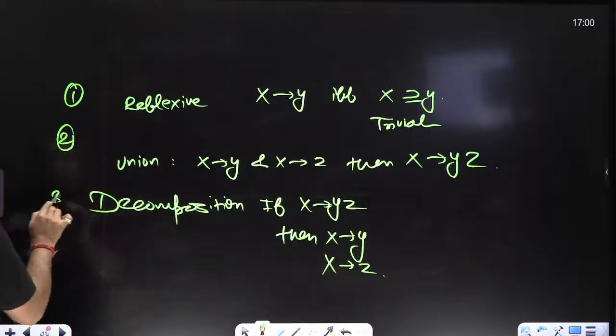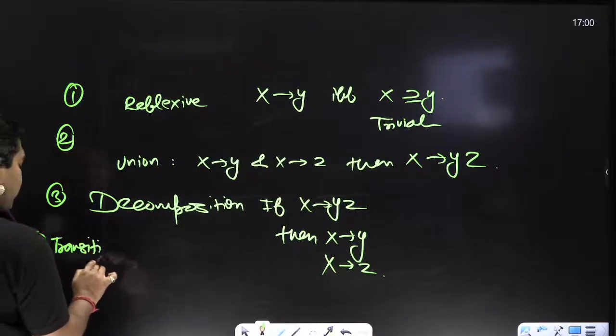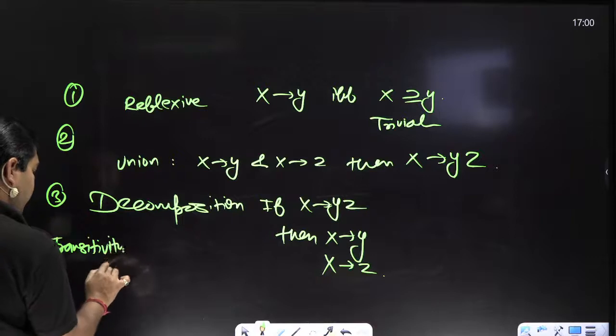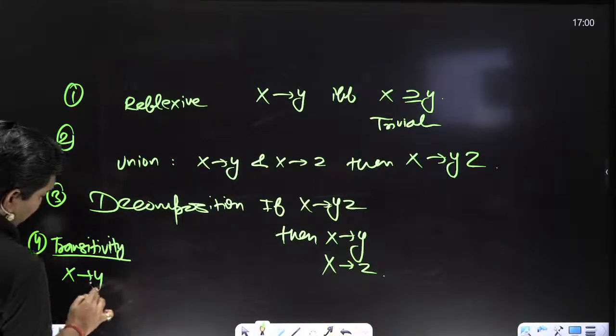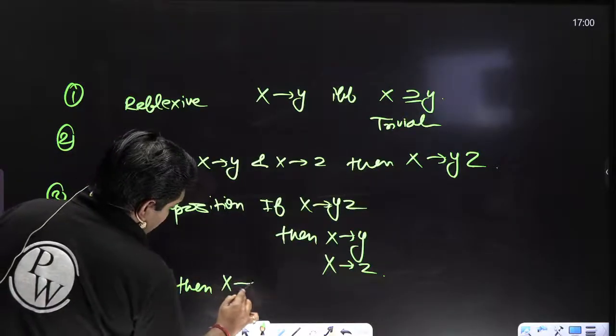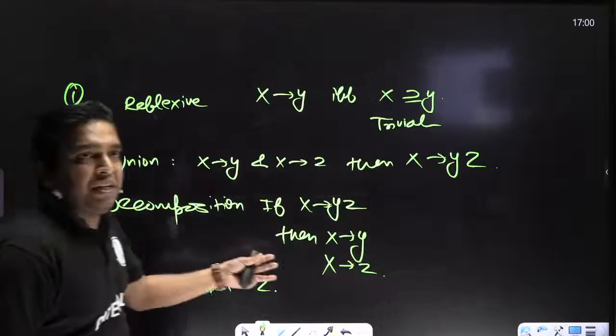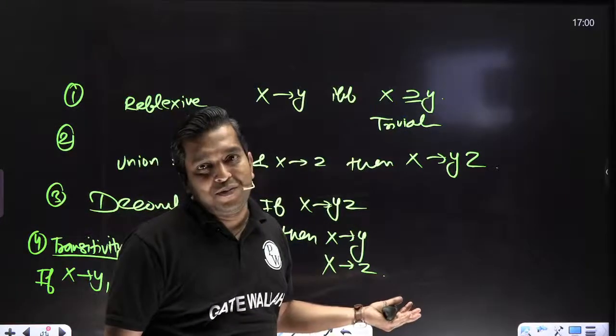Generally we have 3, but total 6. Transitivity: you know the meaning of transitivity? X to Y, Y to Z, then X to Z. These types of properties are Armstrong properties.